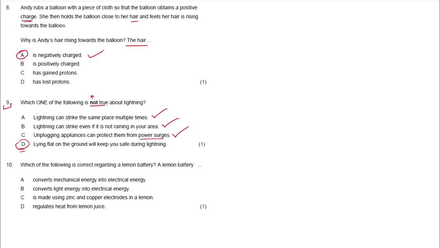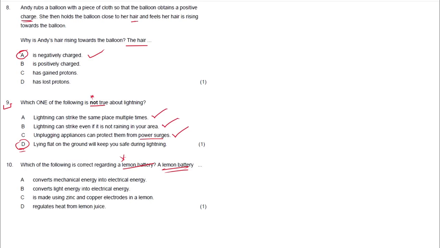Okay, and then next we will move to our next question, which is question 10. Question 10 says, which of the following is correct regarding a lemon battery? We know that a lemon battery is made up of zinc and copper.